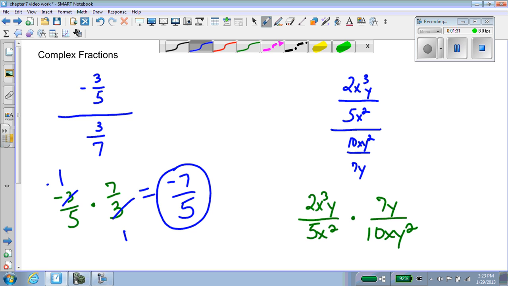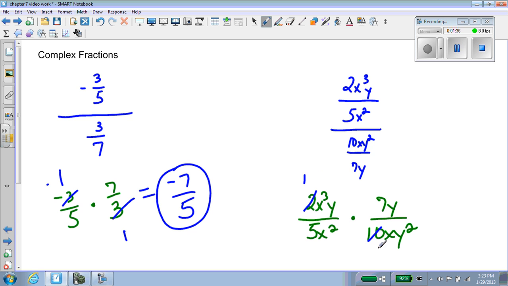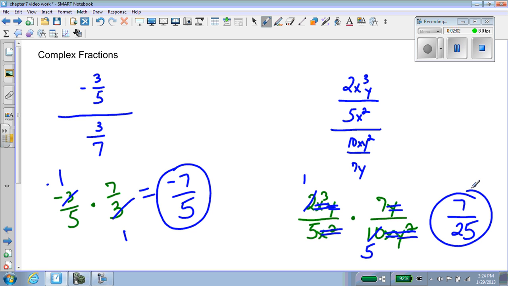Let's see, my 2 and my 10, right? They're all monomials, so I'm not in any jeopardy here. I have y times y, which is y squared. I have x squared times x, which is x cubed. So I end up with 1 times 7, 7, over 5 times 5, 25. 7 over 25.